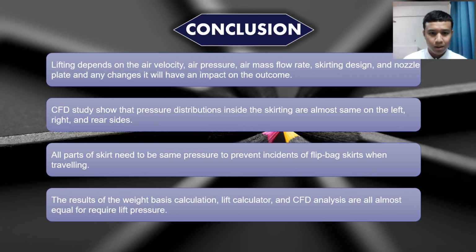All parts of the skirt need to be at the same pressure to prevent incidents of a flipped skirt when traveling. The results of the weight basis calculation, lift calculator, and CFD analysis are all almost equal for the required lift pressure.